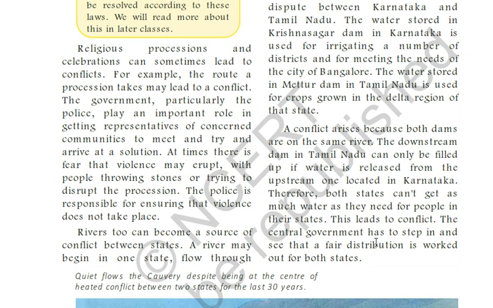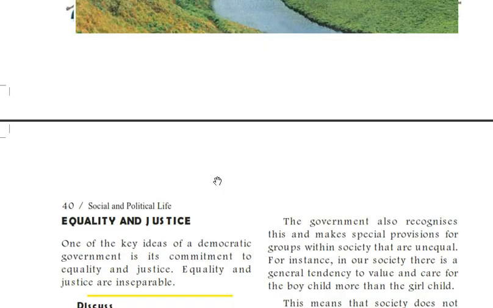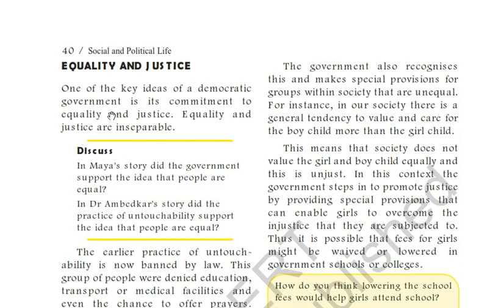The central government has to step in and see that a fair distribution is worked out for both the states. So, quietly flows the Kaveri despite being at the center of heated conflict between two states for the last 30 years. Next is equality and justice.